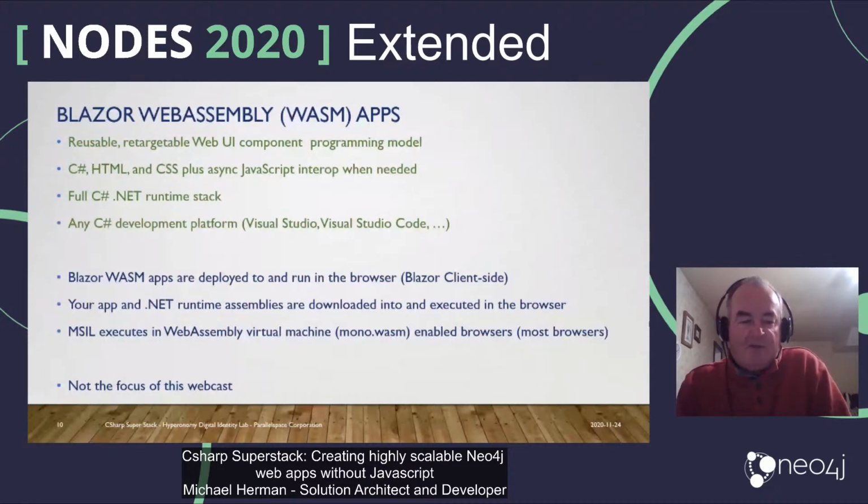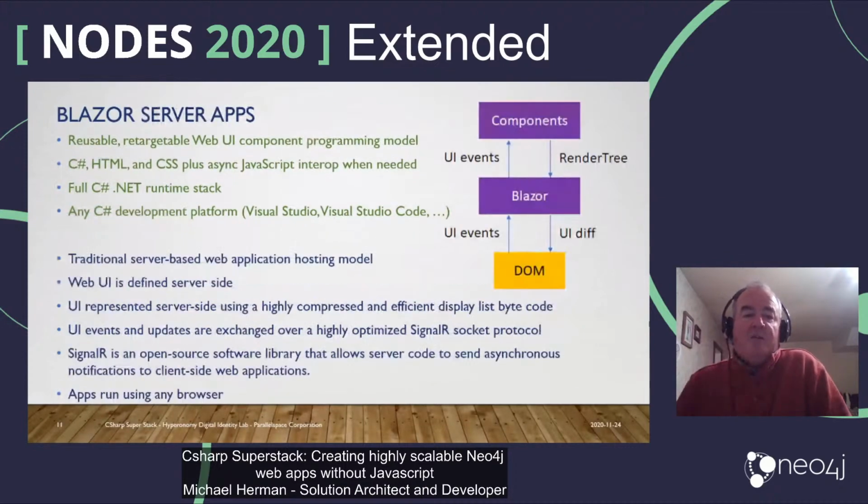I think apart from this slide, this is not really the focus of this webcast. What we're talking about is Blazor Server apps. These use a traditional server-based web application hosting model, like an ASP.NET application. The web UI is defined server-side, but then projected down into the browser.